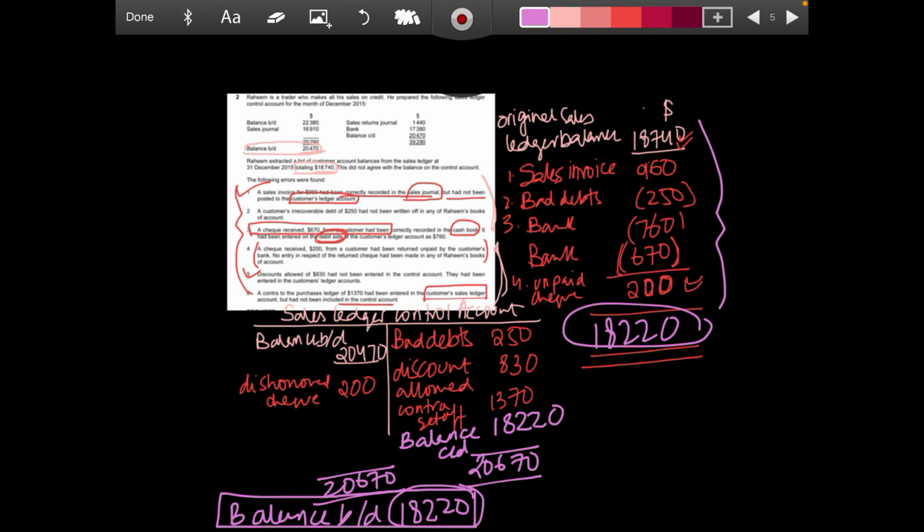Basically, if the error hints that it has affected the individual balances or a customer's balance, then that side will be affected.